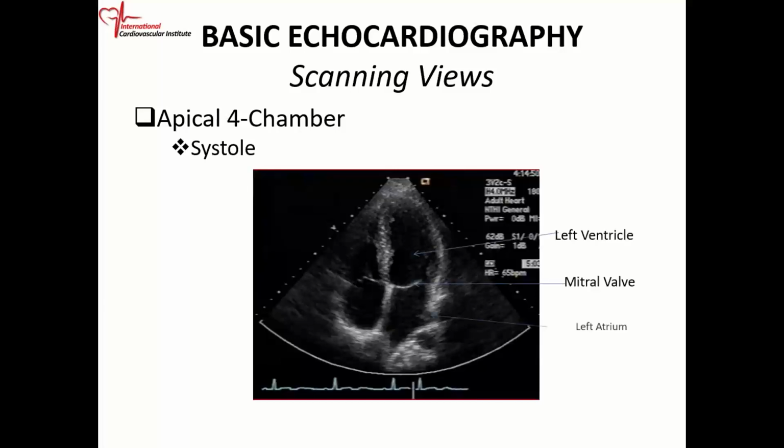Okay, so the tricuspid valve is lowermost in the ventricle compared to the mitral valve, and that tells you that this is the right ventricle.